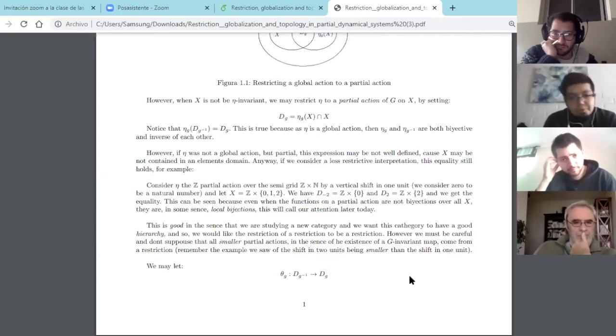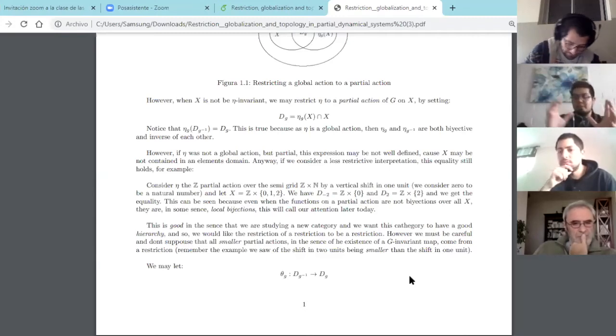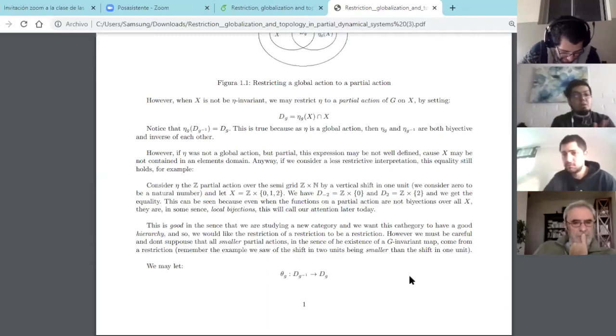This is good in which sense? Because we are studying this new category that's composed of partial actions, and we want this category to have a good hierarchy, just as we have with groups and topological spaces. We want to be able to say this one is bigger than this other one, we can compare some of them.